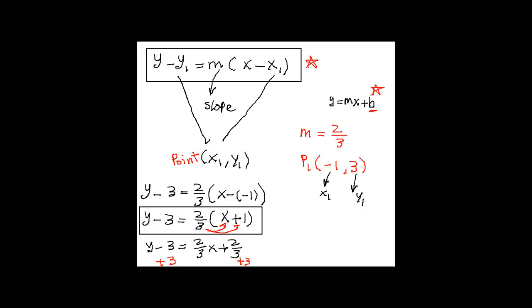So I get y is equal to 2/3 x plus 2/3 plus 3/1, or 3. And again, I have to combine these two. Before I move on, can I see a check mark next to everyone's name if you can follow up to this point?